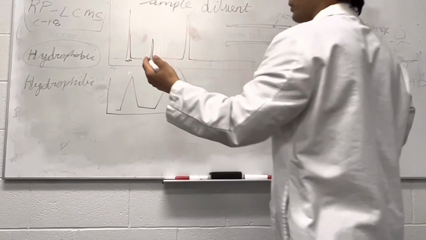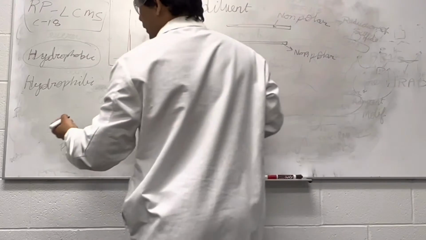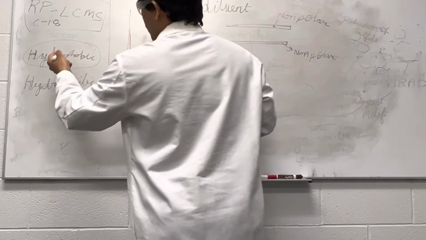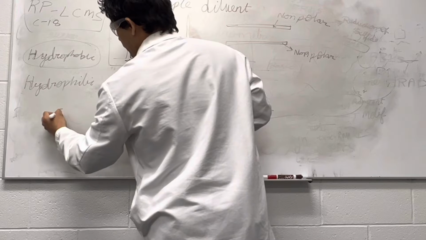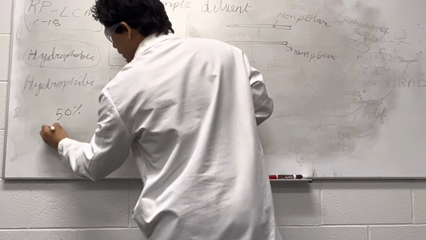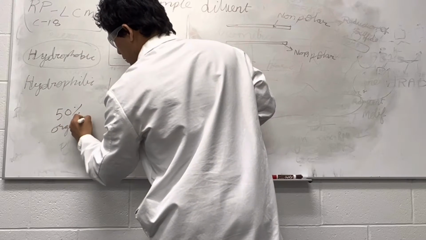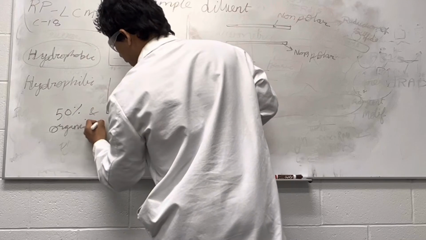In order to do that, the general thumb rule is that if our sample is hydrophobic, they use 50% organic and 50% aqueous phase.